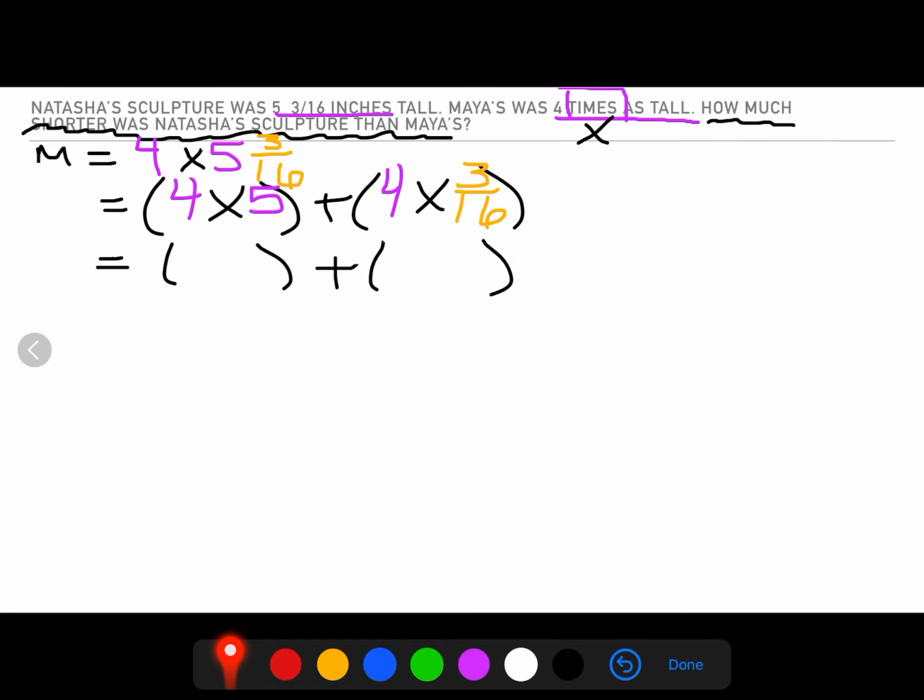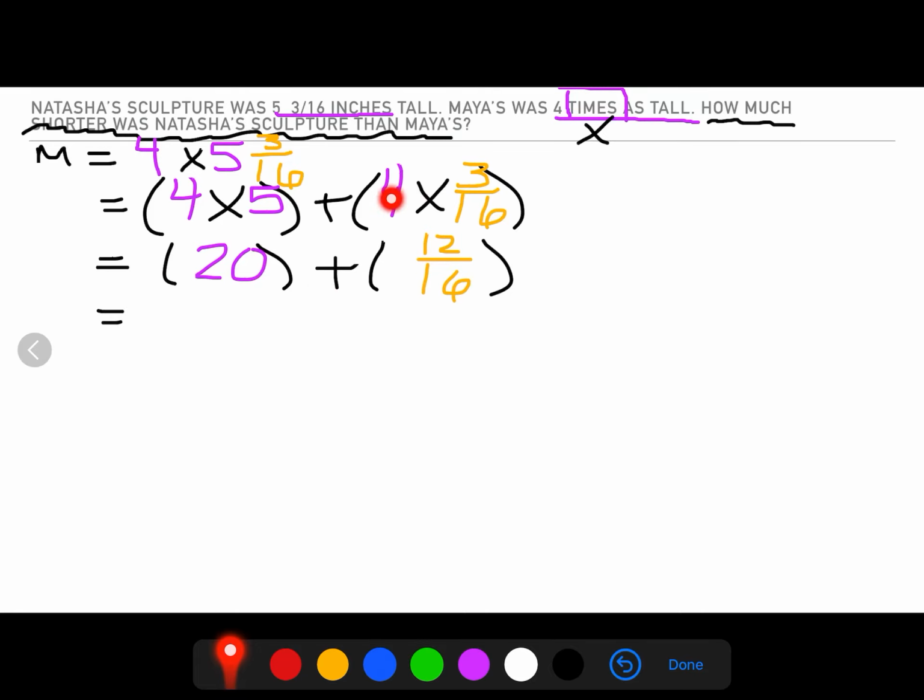If you're done, start working on your second set of parentheses. Four times 5 is 20. Now what about that second set? 4 times 3/16. What'd you get? That's right, 12/16. Because 4 times 3 equals 12, and my denominator stays the same, 12/16.